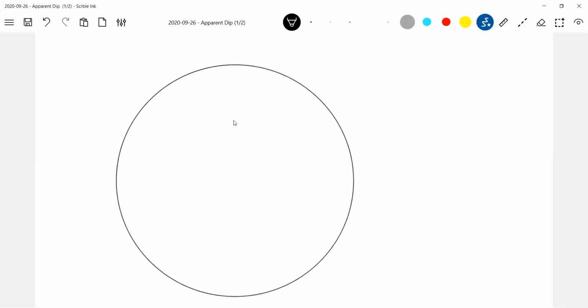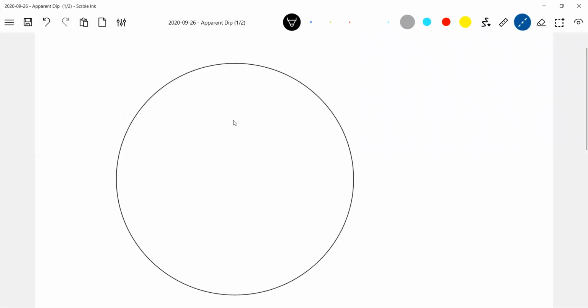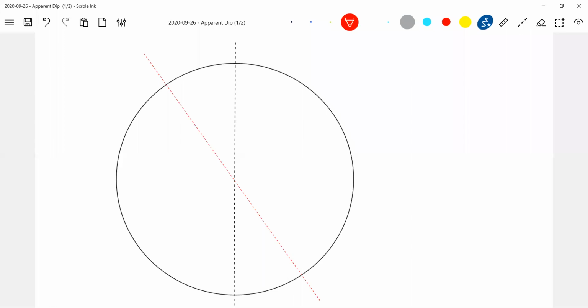If you go back to the terrestrial magnetism, this is the geographic axis. This was the magnetic axis, and there's a bar magnet.